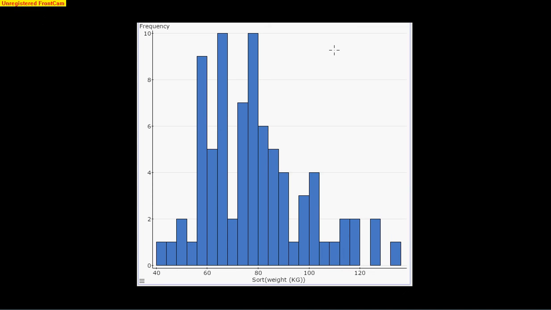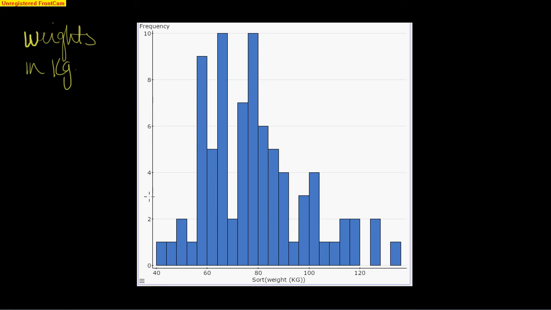Okay, so what I have here is a histogram, and this histogram is, I went online and found a set of data with weights of people in kilograms.